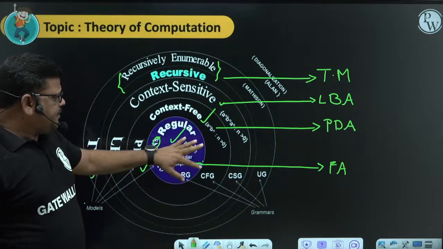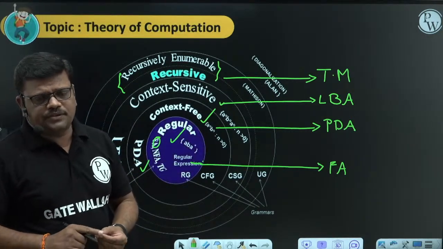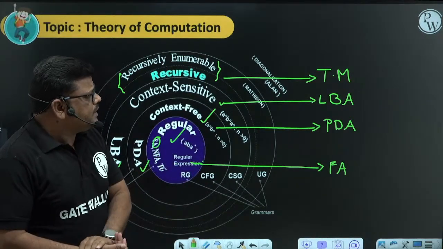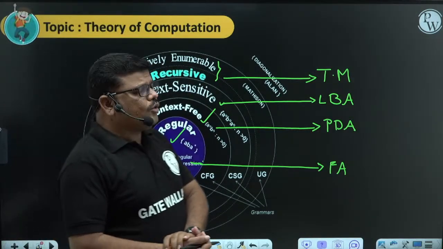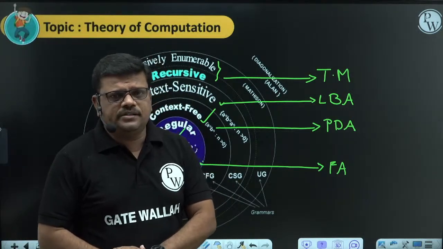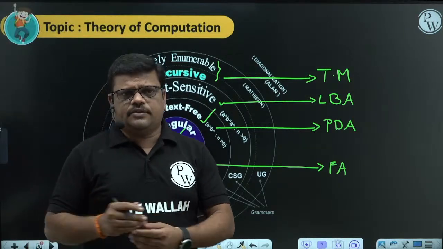Anyhow, these are languages, and languages are sets. That's why, based on the subset-superset relation, we have framed it like this. Then how is the comparison between automata done? What is an automaton actually? An automaton is a machine that is used to recognize these languages.